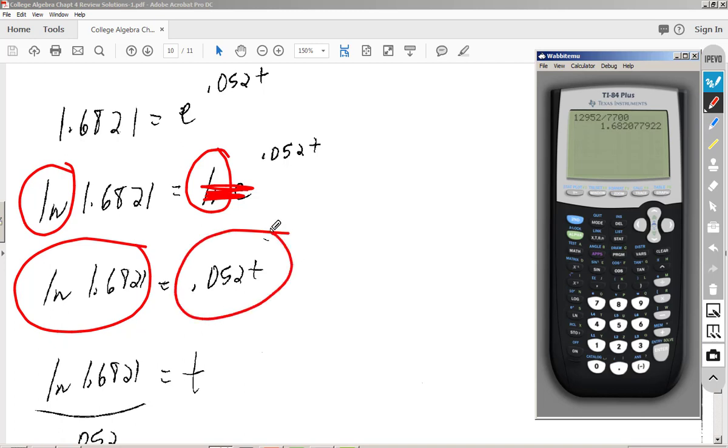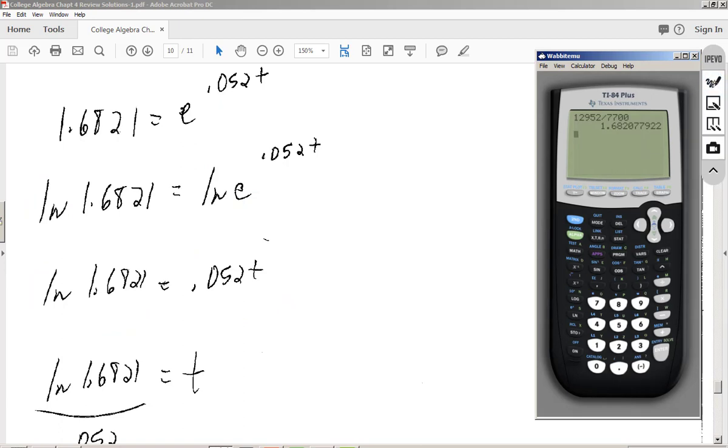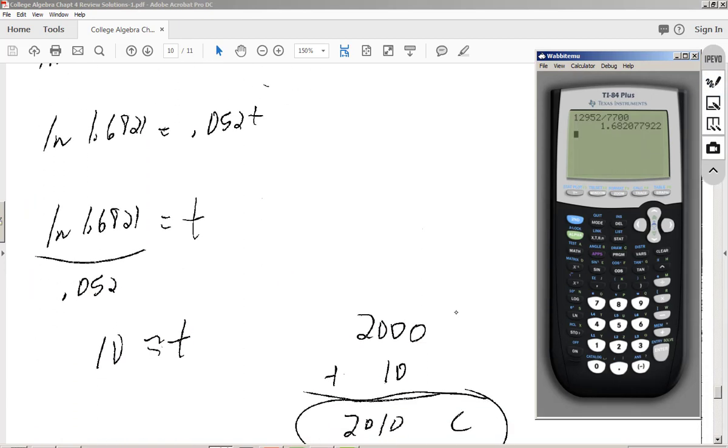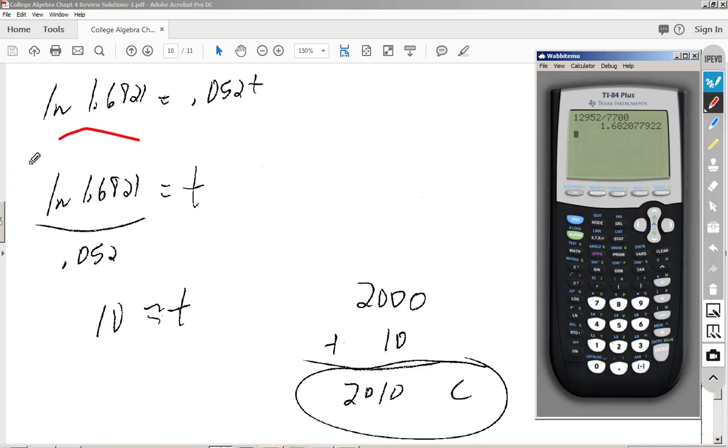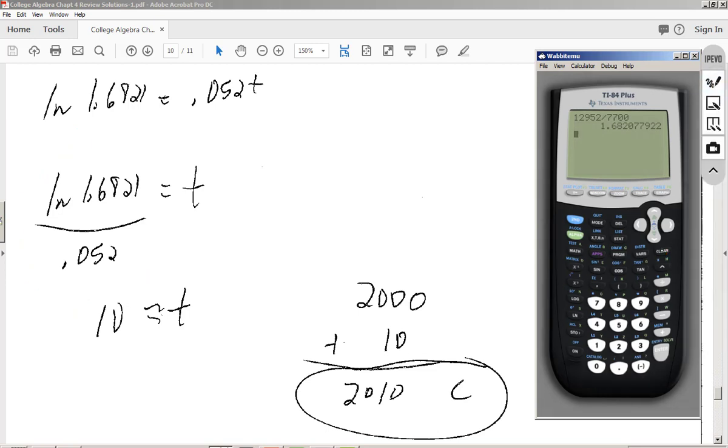Now dividing both sides by 0.052, I get the ln of 1.6821 divided by 0.052 equals t. Now I'm going to type that into my calculator.